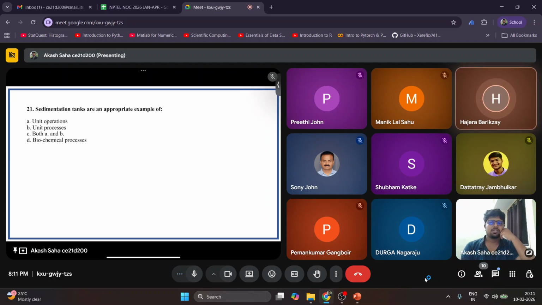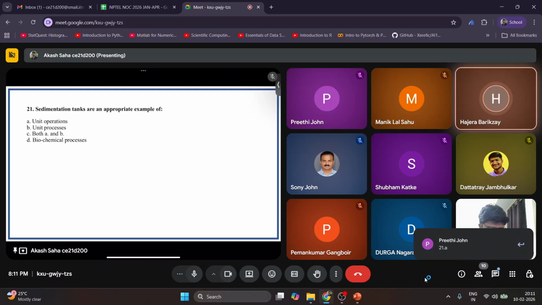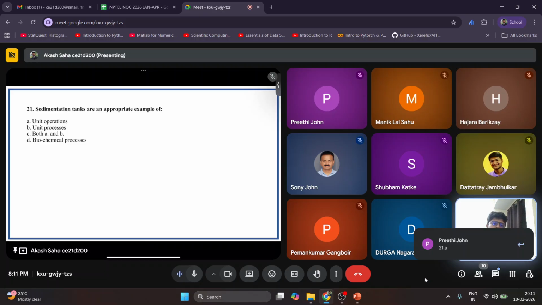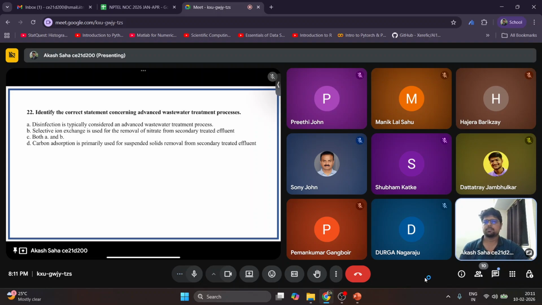No, it's a sedimentation tank. I am talking about the primary sedimentation tank. It's a physical separation process, right? Yeah. So if physical forces only are applicable, then it's a unit operation. Always remember, if there is a physical force only, then it's a unit operation. Whereas in the activated sludge process and others, where some biological or chemical change happens, it's a unit process. But this is a unit operation.